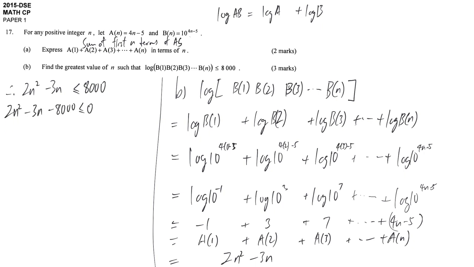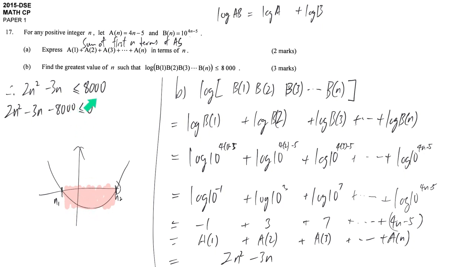After that, because this coefficient is positive, I know that the graph is opening upward. And then we can get two roots, which are n1 and n2. We are talking about the height which is below the ground, smaller than 0. So we are talking about this section of our line. That means for our solution, we can choose any n between n1 and n2. That's how we solve quadratic inequalities.